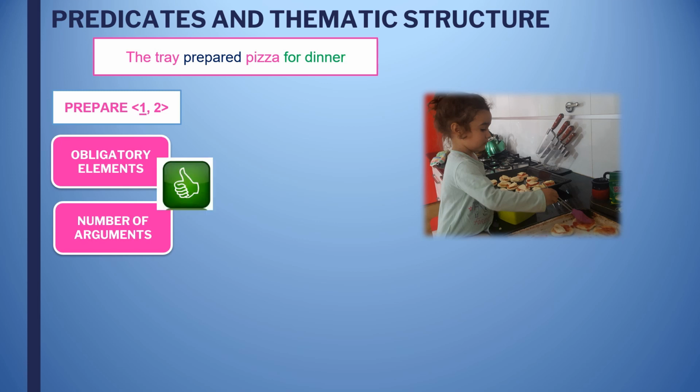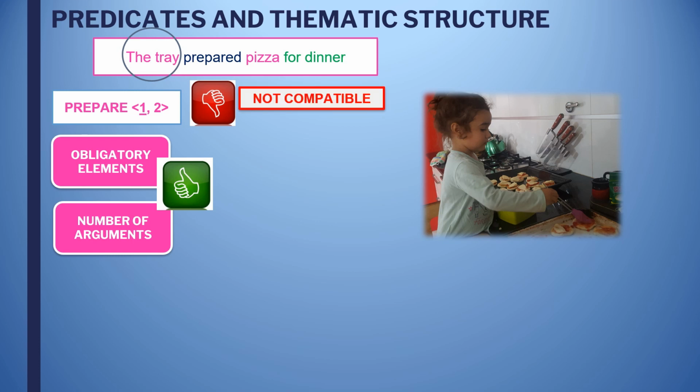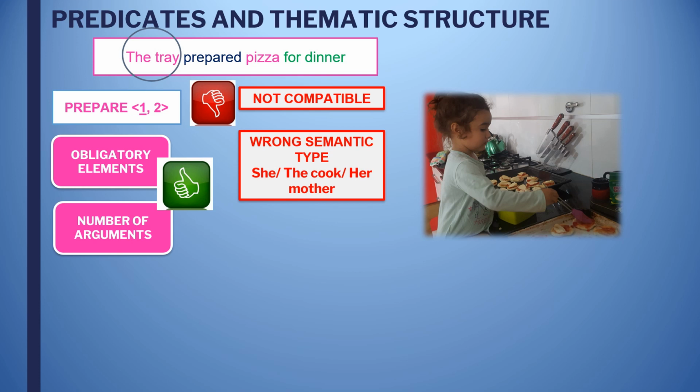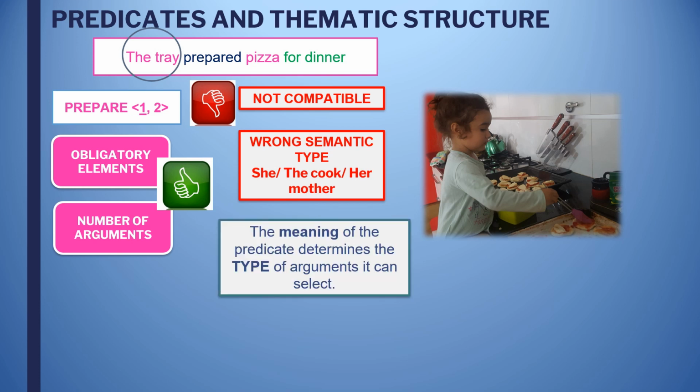But the sentence does not sound okay, right? In here, there appears to be a problem with the DP that is selected as external argument. The DP, the tray, is not compatible with the verb prepare. And why is that? It is because it is of the wrong semantic type. In here, what we need is a DP like she, the cook, or her mother, where some entity with volition, will, performs the action of preparing.